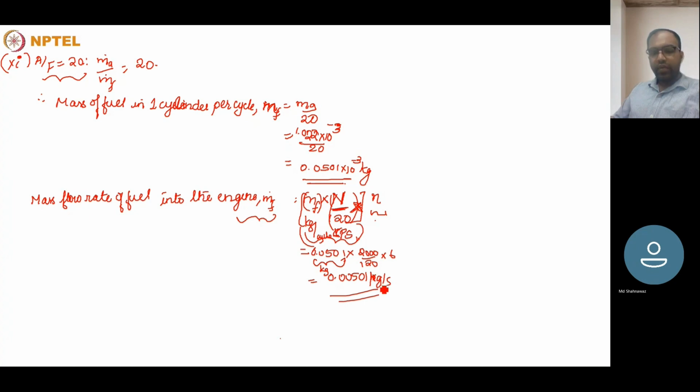From the airflow rate, we can calculate the mass of air per cycle, and the mass of fuel per cycle multiplied by the number of cycles per second gives the mass flow rate per cylinder. Multiplied by the number of cylinders, we get the mass flow rate of the fuel into the engine in kilogram per second.